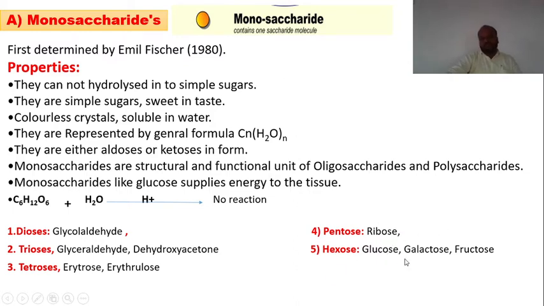Hexoses are glucose, galactose and fructose. So these are examples of each group of monosaccharide. You have to remember the monosaccharide examples: glycoaldehyde, ribose, ribulose, glyceraldehyde, dihydroxyacetone, glucose, galactose, fructose, erythrose. So these are examples of monosaccharides.